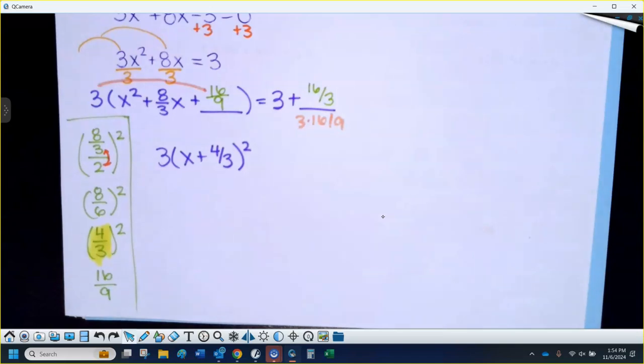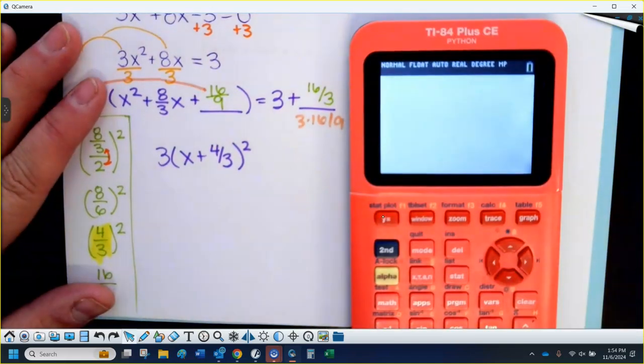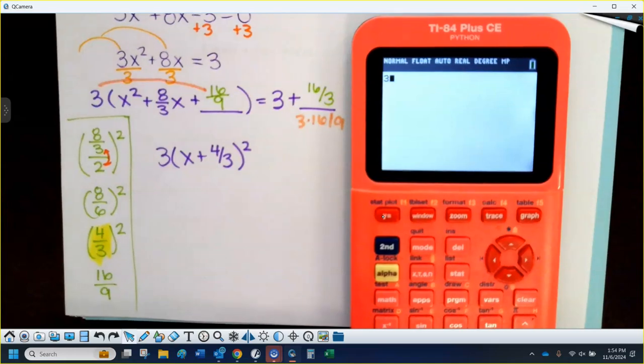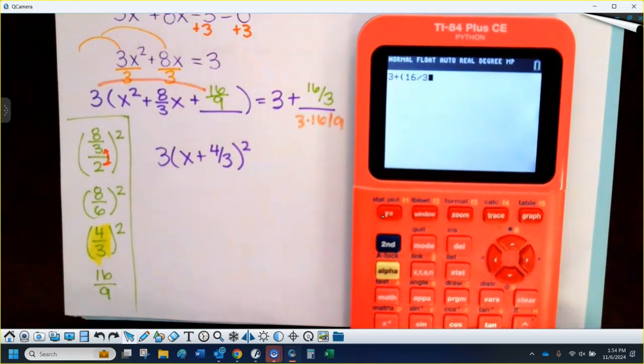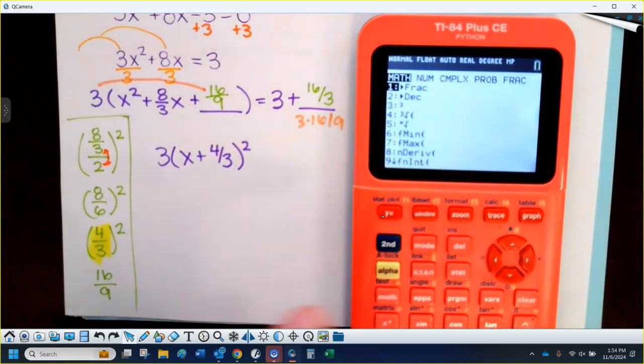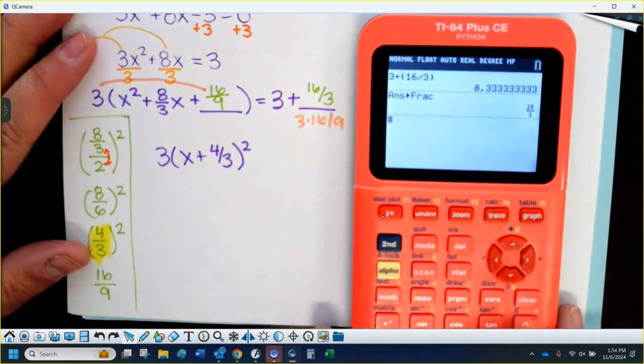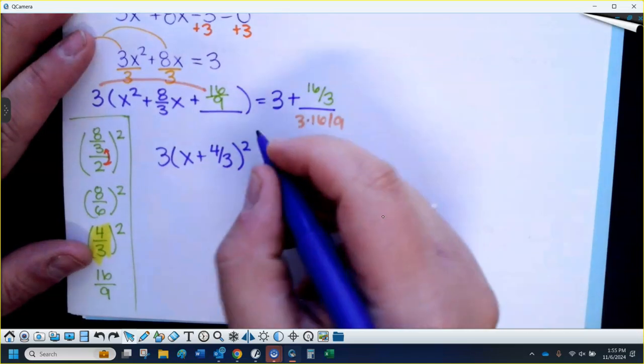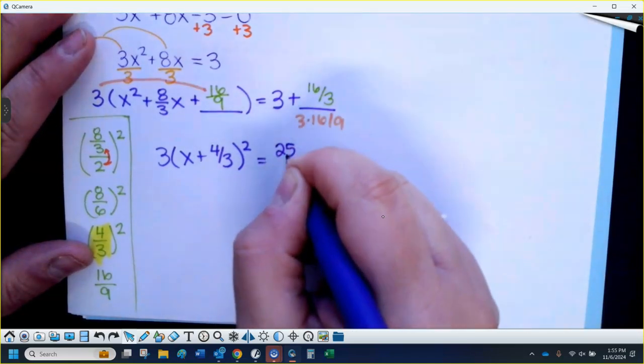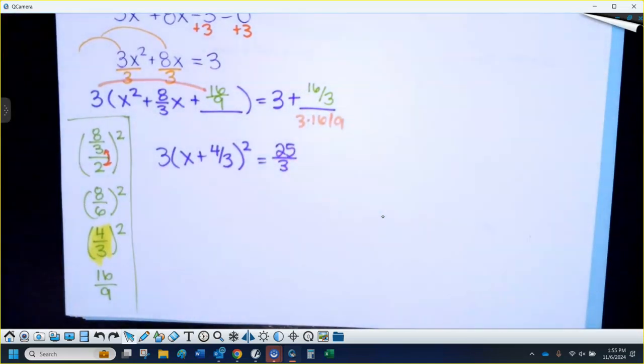On the other side, I'm going to grab my calculator and I'm going to add 3 to 16 over 3. And I'm going to do my math, enter, so I can write it as a fraction. And you're going to get 25 over 3. And I know this looks garbagey, but it's going to get better, don't worry.